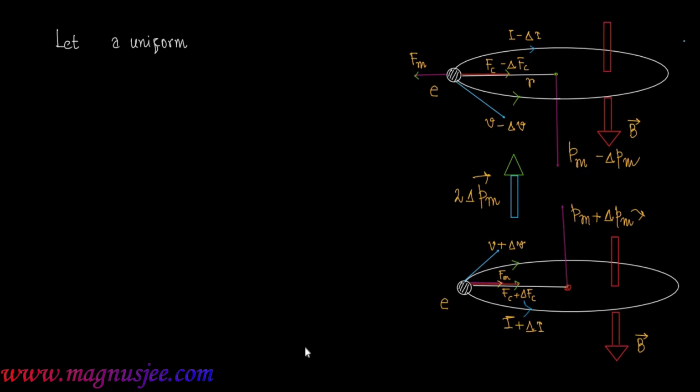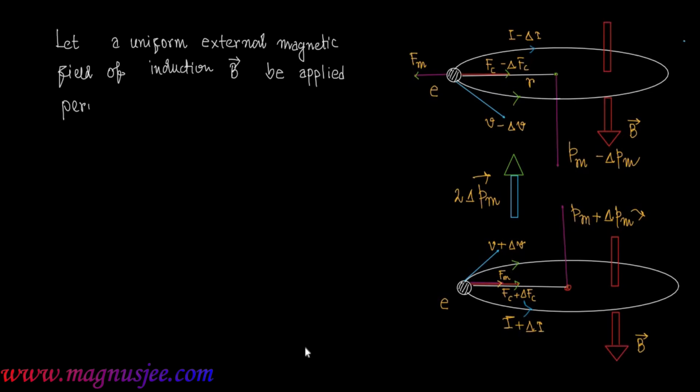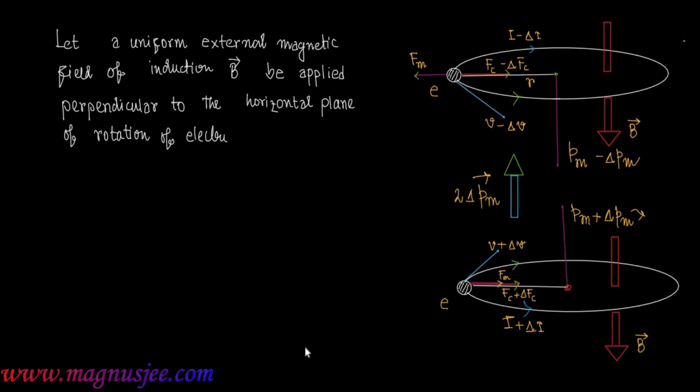Let a uniform external magnetic field of field induction vector B be applied perpendicular to the horizontal plane of rotation of the electron, and directed vertically downwards.